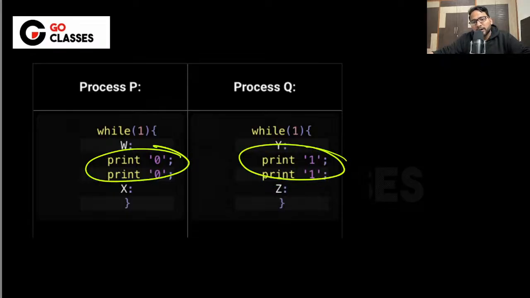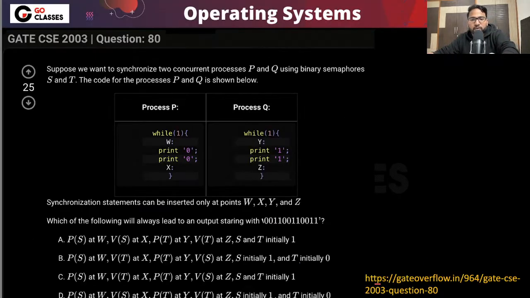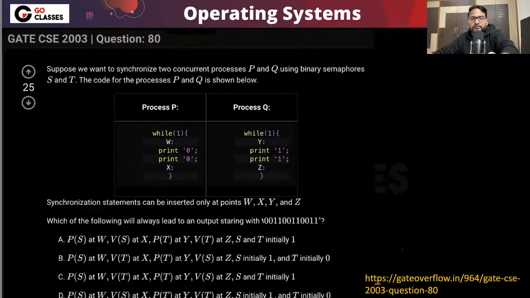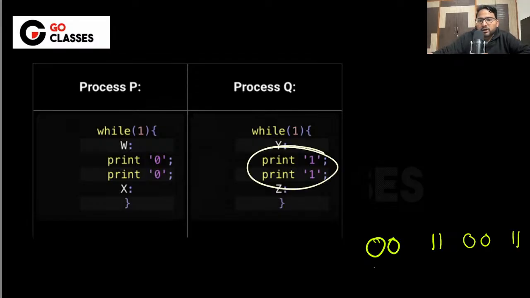So what should the semaphore values be? You can initialize them based on the option. S and T are the semaphores. One thing is for sure: if you want to print 11 later on, there has to be a P of something.